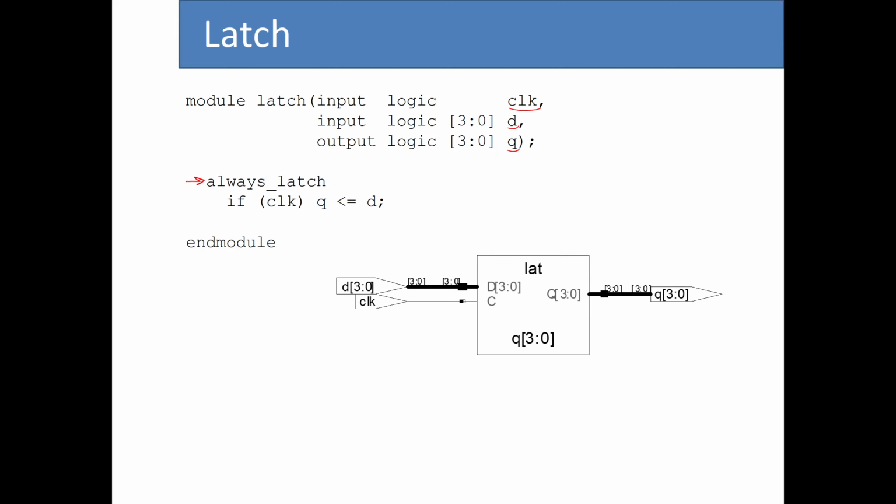However, what we have is that any time the clock signal becomes 1, Q gets the value for D. Since we are not sensitive to the positive edge of the clock, we don't have to include it in a sensitivity list. But what we can do is say this process is always looking at the value of the clock. If the value of the clock signal is 1, Q gets the value for D. And at all other times, Q remains at its previous value.